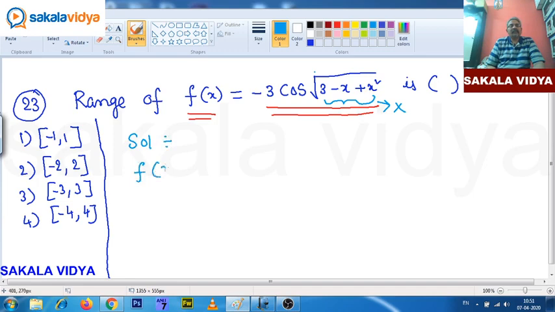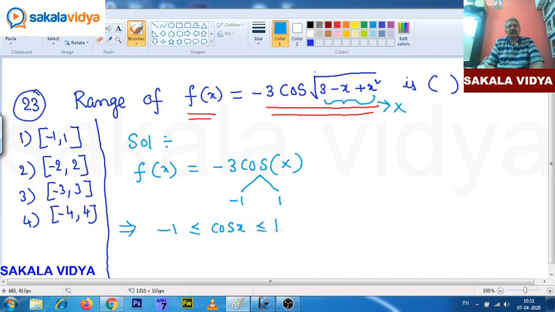This f of x is equal to minus 3 cos X. So first the minimum and maximum value of cos: the minimum is minus 1, maximum is 1. So minus 1 is less than or equal to cos X, which is less than or equal to 1.